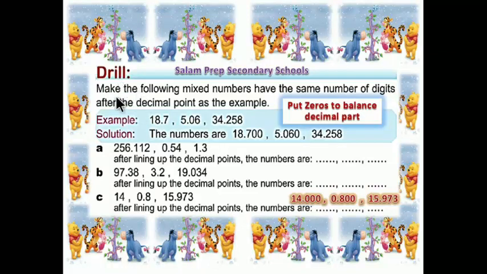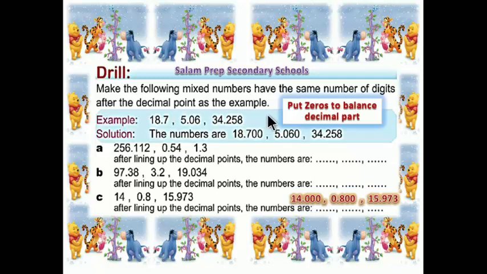Now we will solve this drill together. Make the following mixed numbers have the same number of digits after the decimal point as in the example: 18.7, 5.06, 34.258.